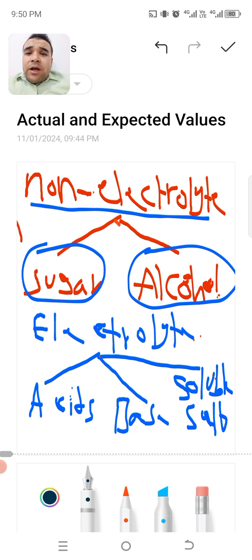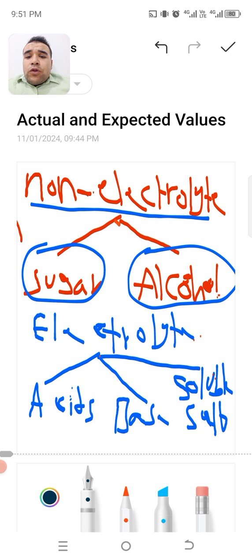So whenever you want to obtain an actual value, you have to boil the solutions or freeze the solutions in reality, in order to get the actual points. Usually the actual value is obtained in the laboratory through the experiments of boiling or freezing the solutions.